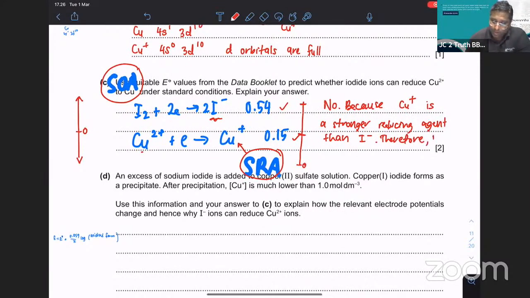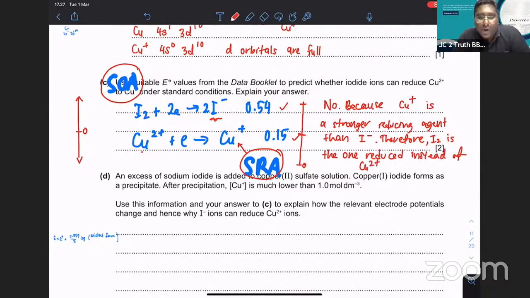Therefore I2 is the one reduced instead of Cu2+. This is how you answer.